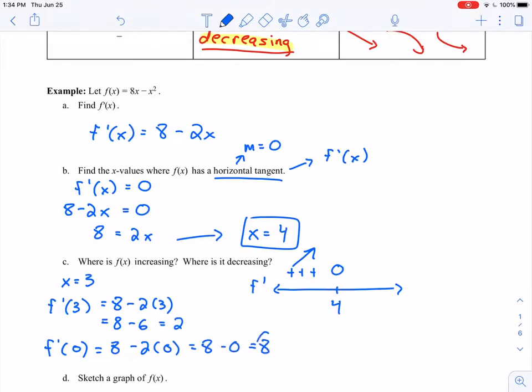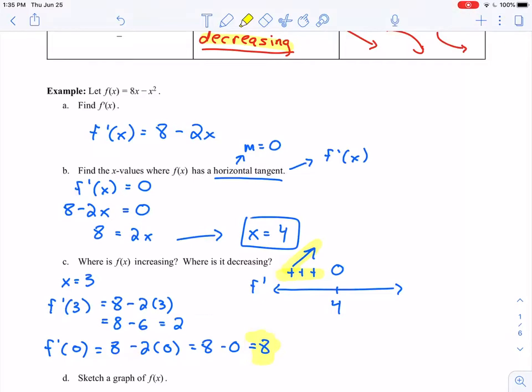Remember we said the actual number itself is not particularly important. It's the sign of that number. I ended up here with a positive 8, so I would still have a positive number on the left-hand side of 4, which tells me my function is still increasing on the left-hand side of 4.